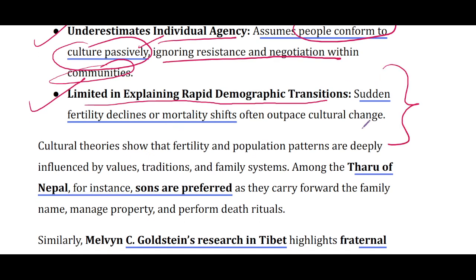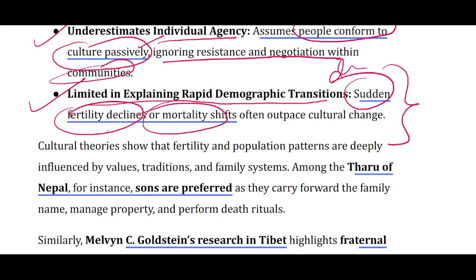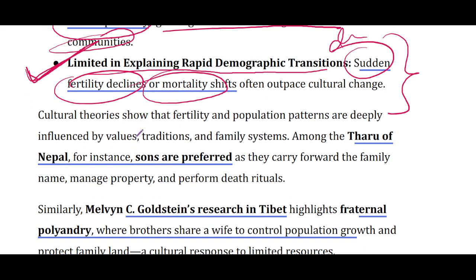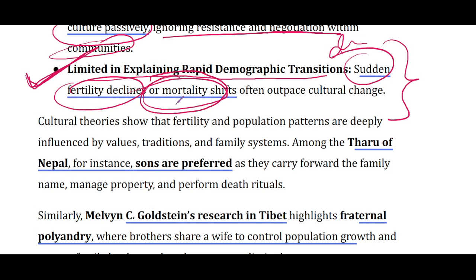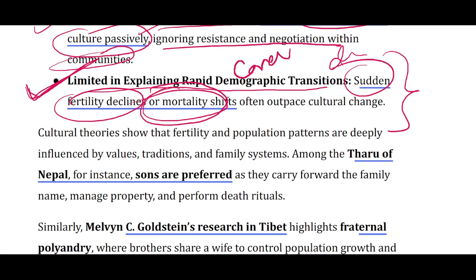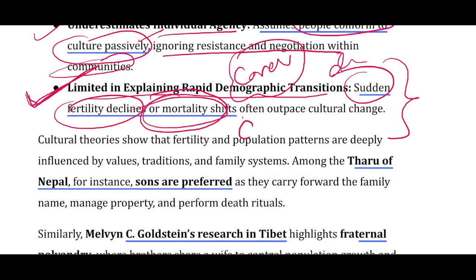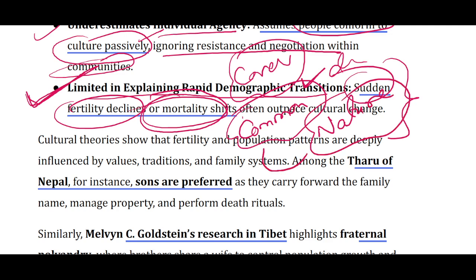In a few societies, in a dynamic time, there may be sudden fertility decline or mortality shift, and all of these factors cannot be answered by such cultural practices, because culture is more about a shroud, a cover, or a common thing which is usually accepted by people, but it is not the case that nature itself, the time, the environment itself, conforms to cultural norm. It is not the way.